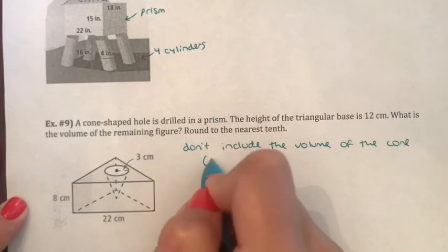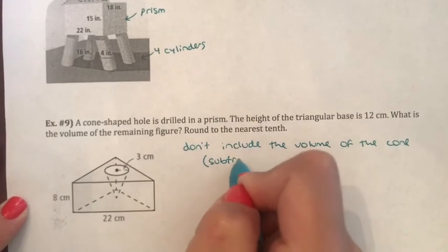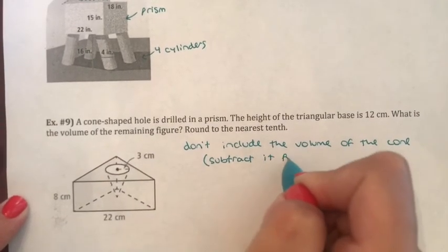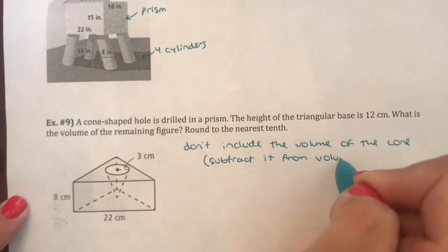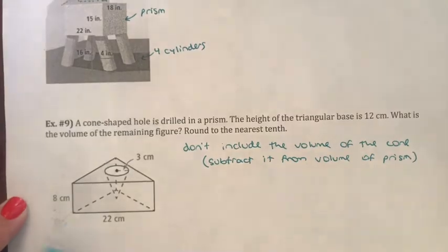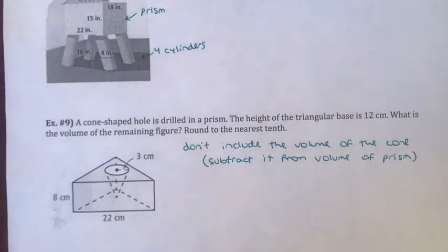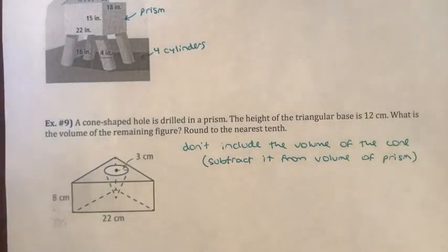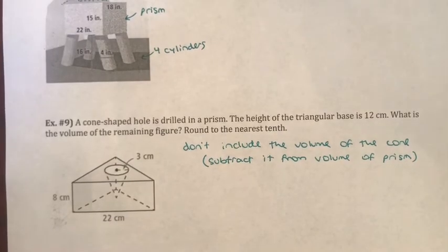That means you're going to be subtracting it from the volume of the prism. So here we have a triangular prism, okay? So you guys can try to find that volume, okay?